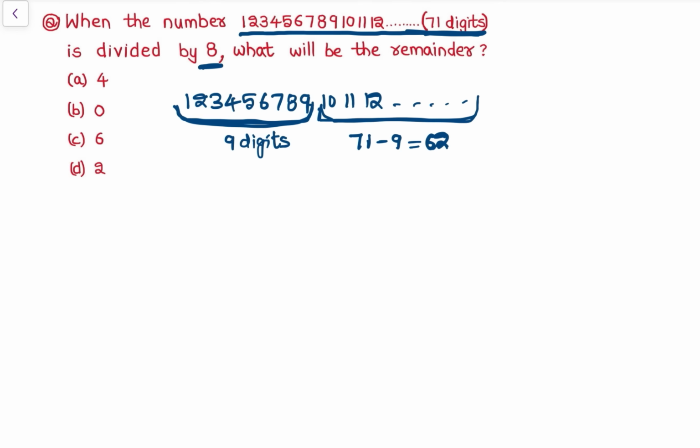Now every number in these 62 digits is a 2-digit number. So 62 divided by 2, you will get 31.